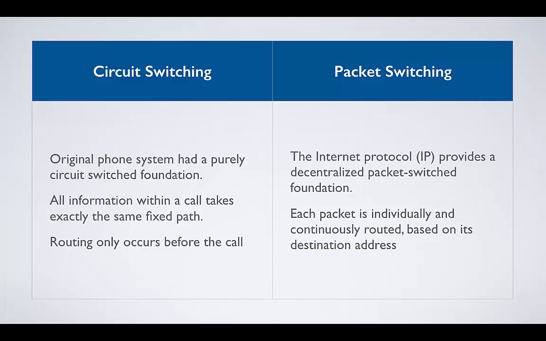A key distinction when it comes to networks is the distinction between circuit-switched networks and packet-switched networks. Circuit switch networks are exemplified by the original telephone system. When you made a phone call, that call would establish a dedicated path to the person you were calling.